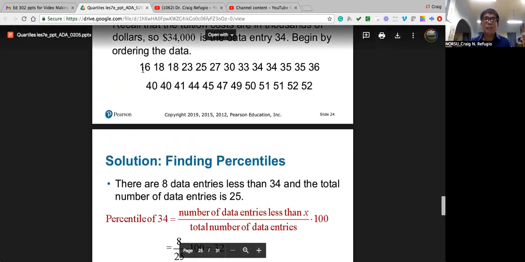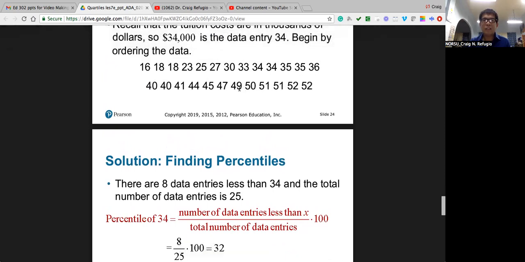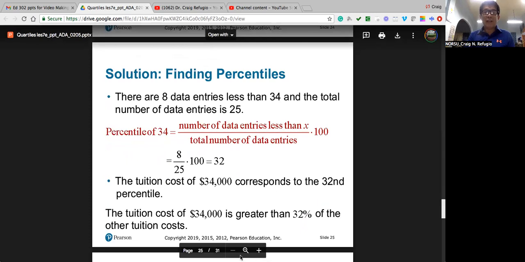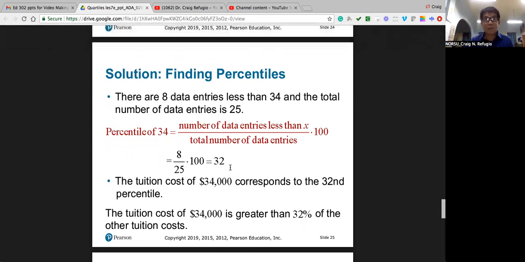So how many data? 1, 2, 3, 4, 5, 6, 7, 8, 9, 10, 11, 12, 13, 14, 15, 16, 17, 18, 19, 20, 21, 22, 23, 24, 25. So 8 divided by 25 times 100 gives you 32.